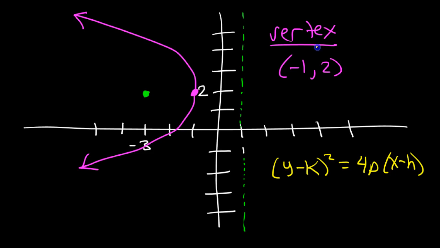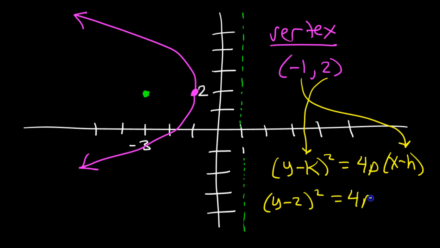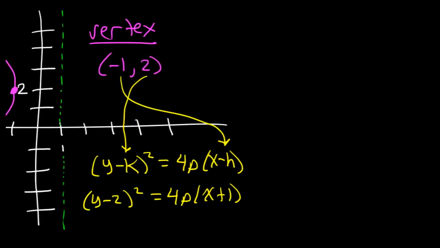But we know the vertex. So we're going to put the x value and the y value, the h and the k. But understand that the 2 is going to go in here, and the -1 is going to go in here. So this is going to become y minus 2 squared is equal to 4p times x plus 1. Alright, it's the opposite sign for each of these. So we still need to find what the p value is.